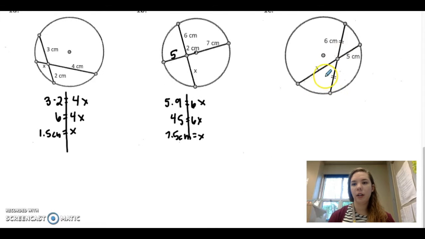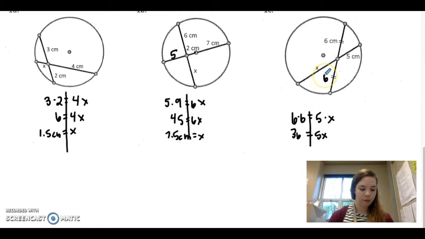Okay, they are telling us here that both of these pieces are 6. So you have 6 times 6 equals 5 times X, which is 7.2 equals X.